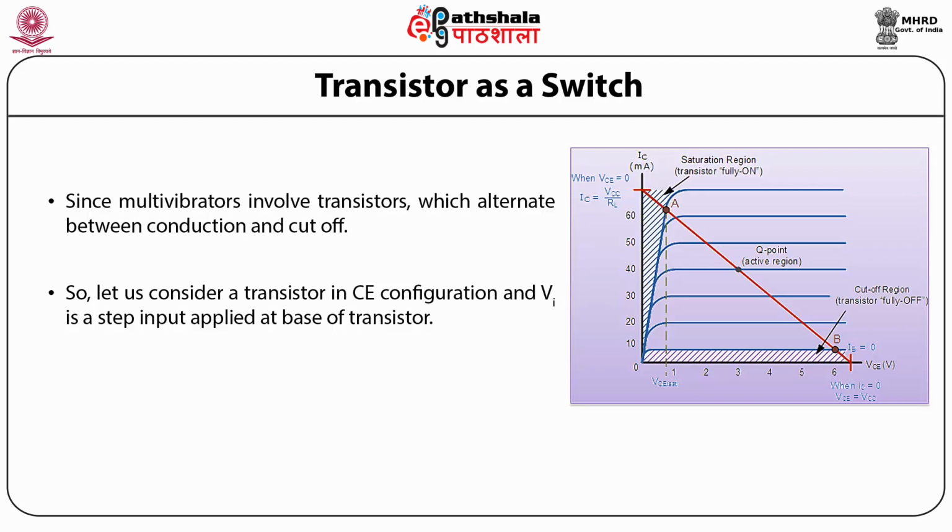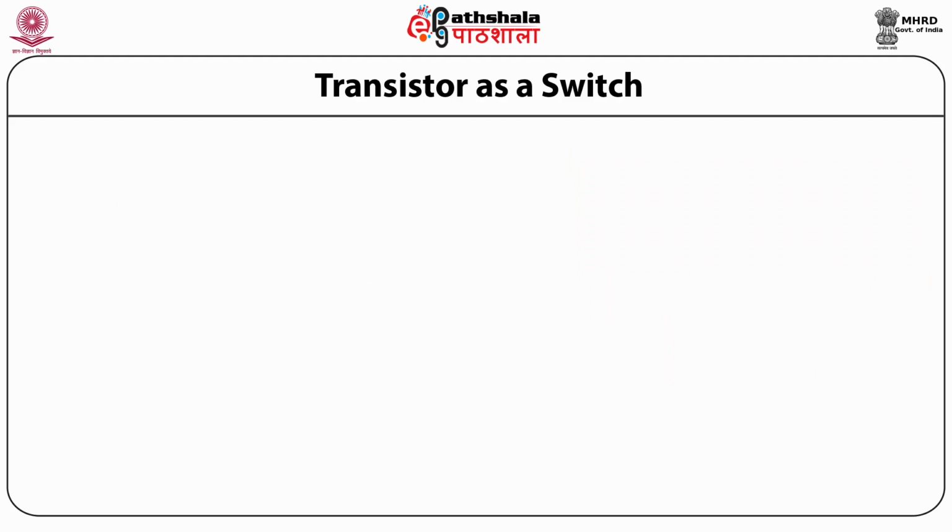In saturation region, the transistor is fully on, and at cutoff it is fully off. So let us now discuss the conditions in which the transistor acts as an open switch and the conditions in which it acts as a closed switch. Let us first discuss the open switch.